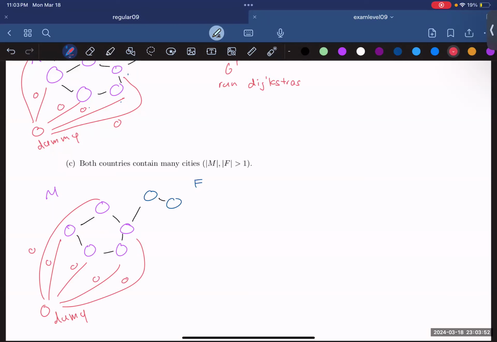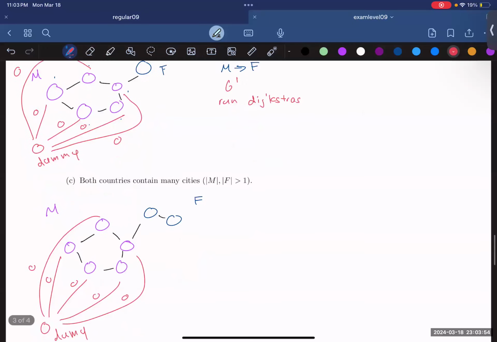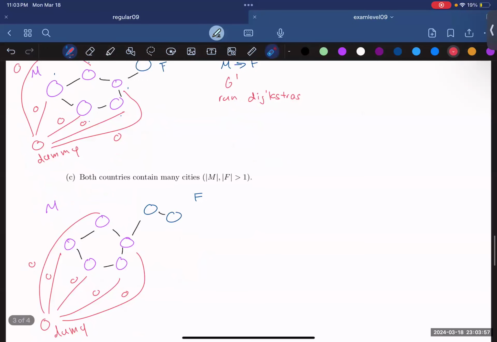The only difference from the previous part is that we're not ending at one singular city in F. We're adding multiple more cities in F. So this creates a dummy vertex D. For each city in Mondstadt, we create an edge from D to that city with edge weight 0.